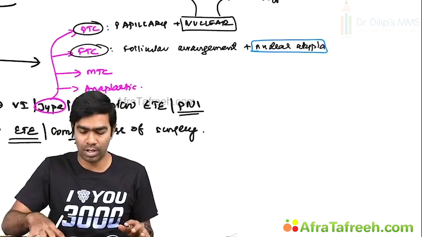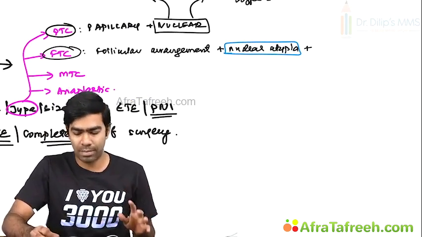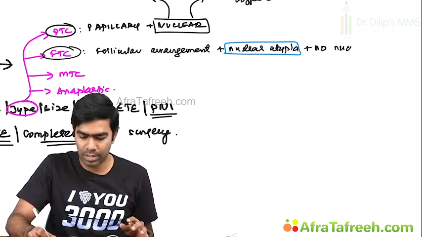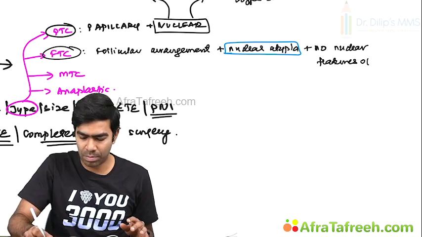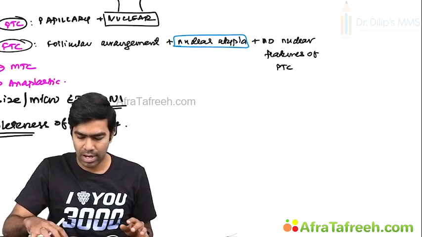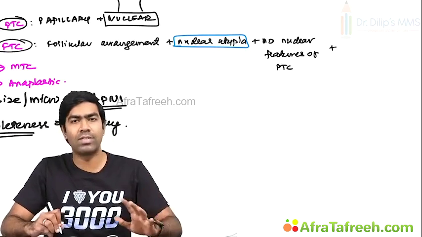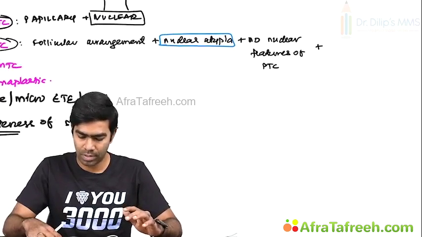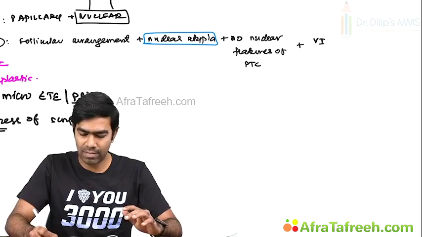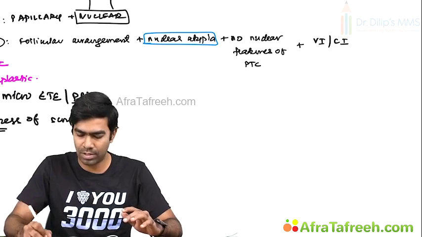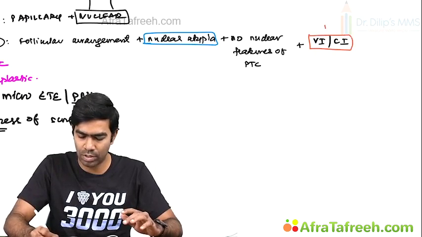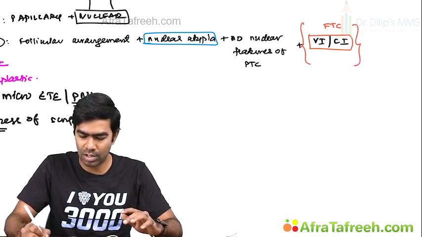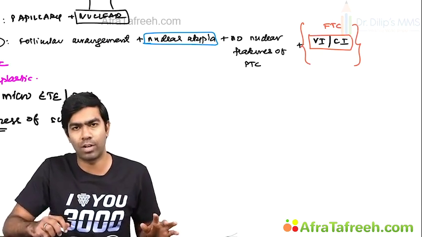Plus, there will be no nuclear features of papillary thyroid cancer. And these patients with follicular thyroid cancer will have either a vascular invasion or a capsular invasion, and this is what tells you it's a definitive follicular thyroid cancer. If this is not there, you will diagnose a follicular adenoma only.